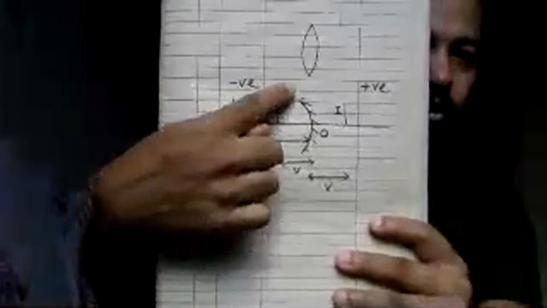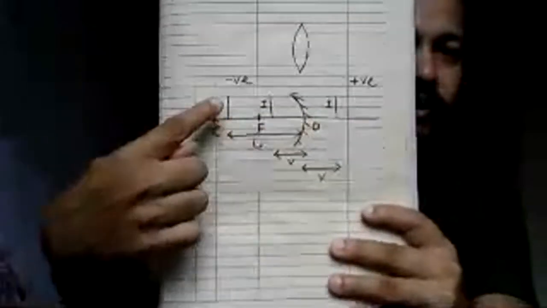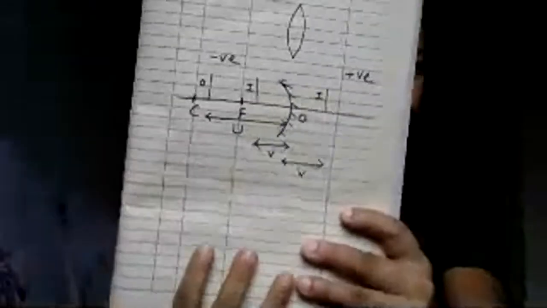So I will write like this. All of you write, I'm not writing. Take out your physics copy and write it. First of all, draw this diagram, the whole diagram, whatever I have drawn. This negative and positive also you mention.